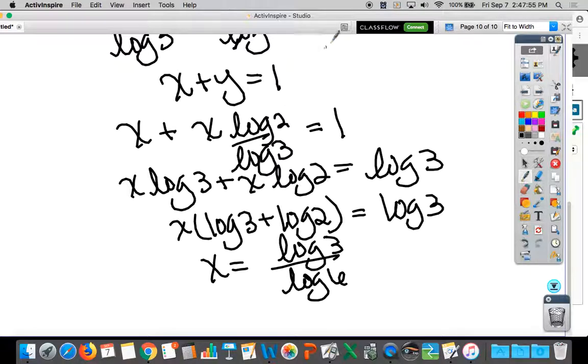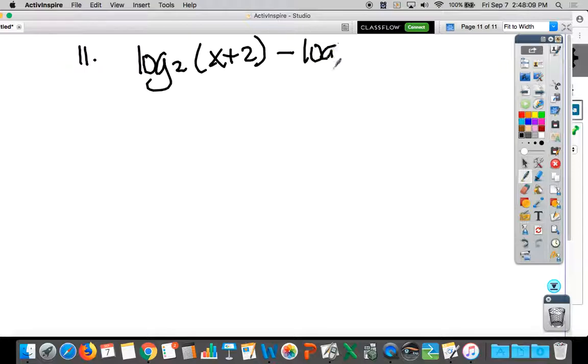Okay, so the last one is really easy. Y'all are going to appreciate number 11. You're like, hallelujah. All right, it says express log 2 (x plus 2) minus log 2 x as a single log.